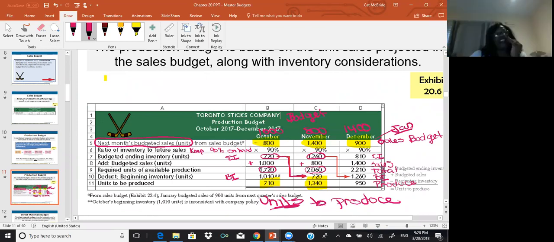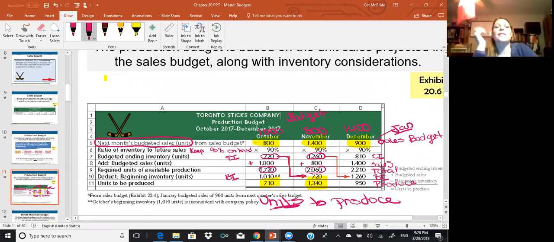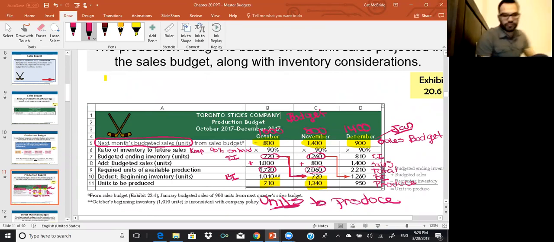I have a question. How do we get the 90%? That's given to you. Oh, it's given? Yeah, that would be something that management would decide, that we want to start the month with 90% on hand. Okay, got it. 90% of our next month's sales.